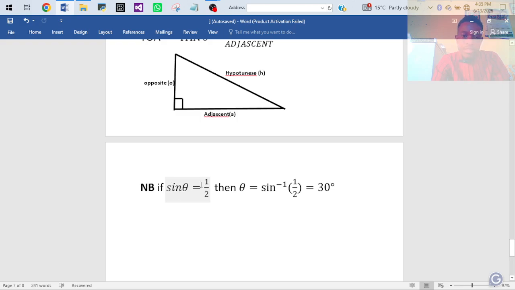The inverse of sine is sine to the power negative 1, which is sine arc. To find that, sine arc half, just punch it on a calculator. Press second function sine, then punch half, which is 0.5, and you get 30. So sine arc half is 30 degrees.